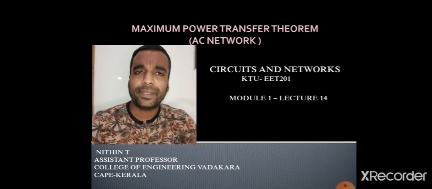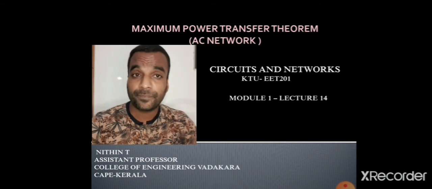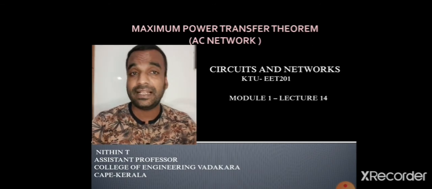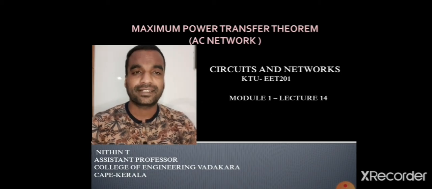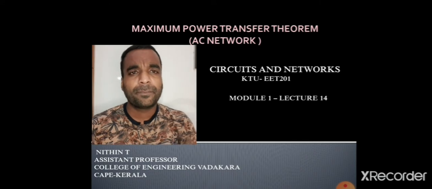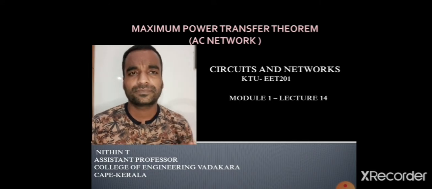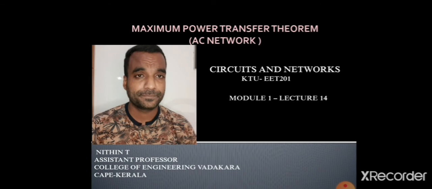So when coming to AC network analysis, in the case of the maximum power transfer theorem, it is not as simple as what we deal with in DC circuits, because here such terms are coming: active power and reactive power. But the maximum power transfer theorem mainly focuses on P max, the maximum power that is transferred. It generally discusses active power only.